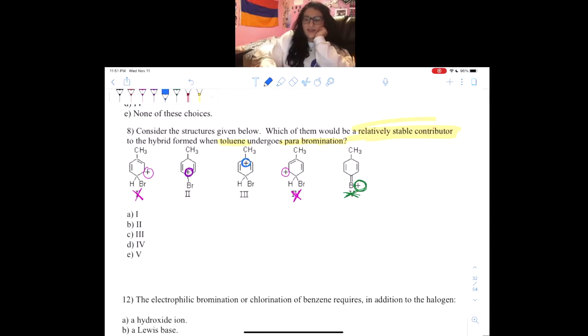In this case, our most substituted position between number 2 and number 3 will be number 3, and that is because this is a tertiary carbocation. This is a secondary carbocation. So C is our correct answer because 3 is the most stable resonance structure. I know that was kind of a lot.